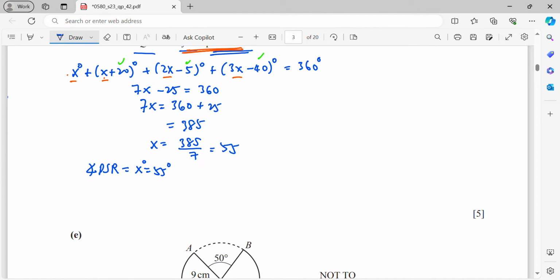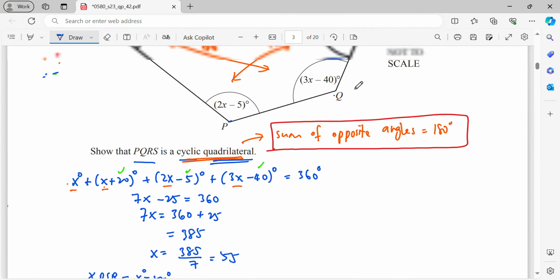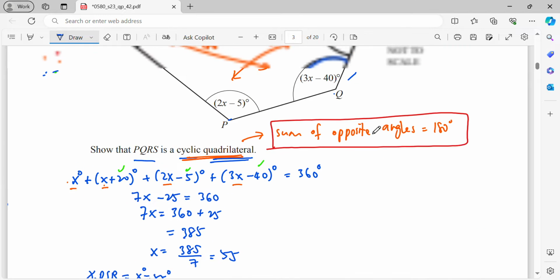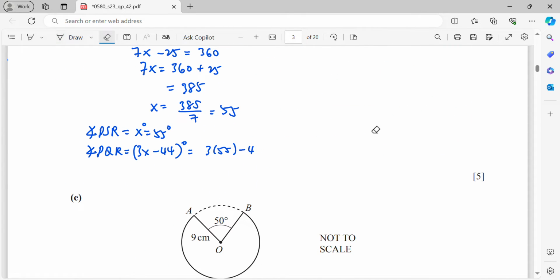So angle PQR is 3x minus 40 degrees. That means this is going to be 3 times 55 minus 40, sorry, minus 40 is not minus 44. Okay, so minus 40.